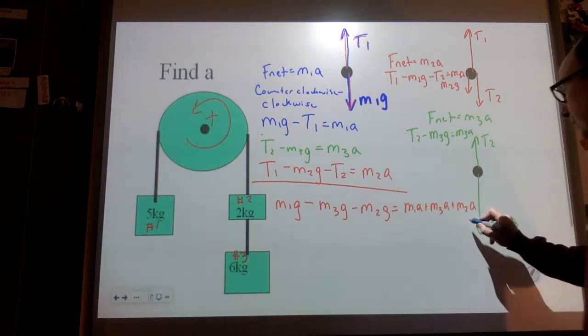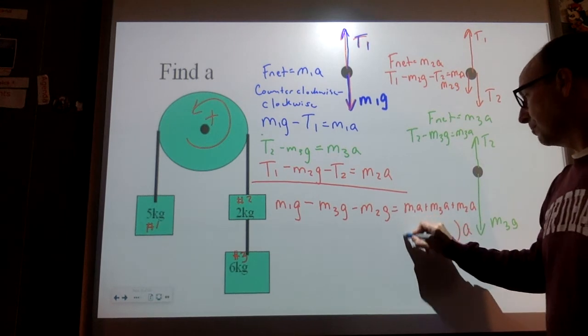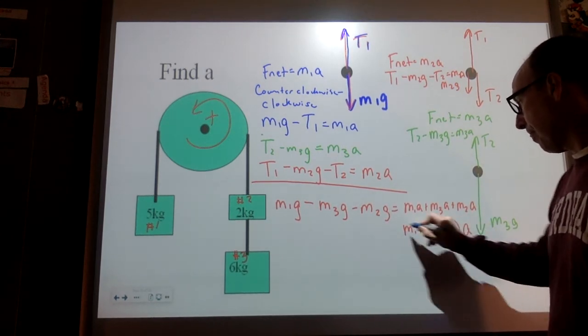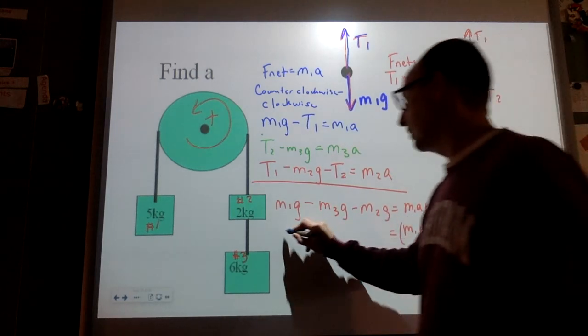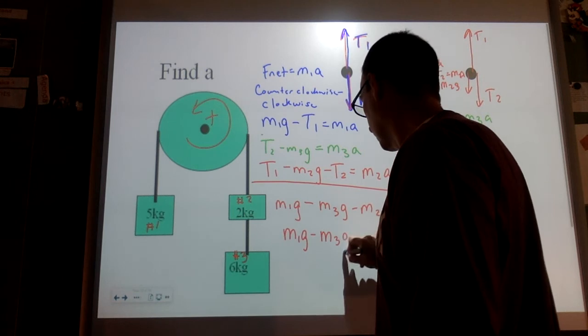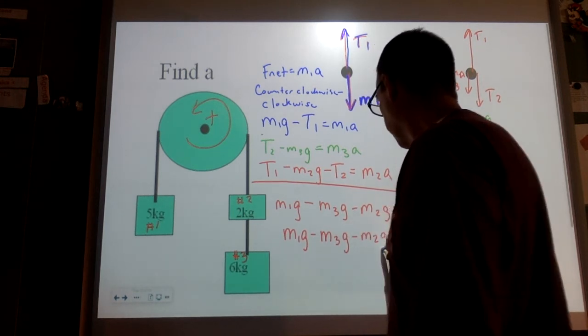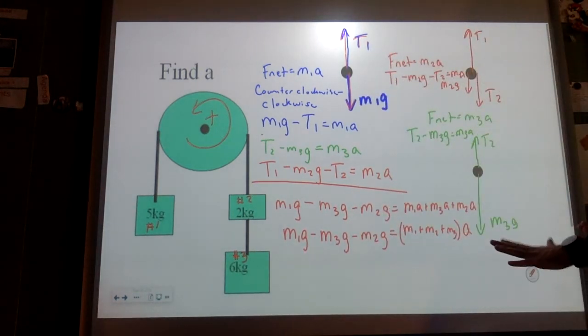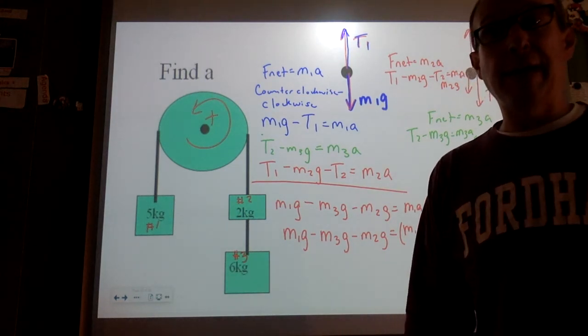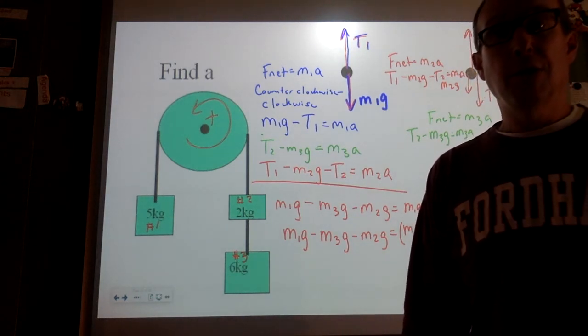I'm going to factor out an A. And I'm going to stop here for a second and consider what the second law is. The second law says Fnet equals MA.